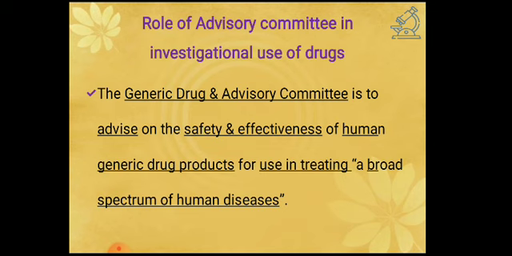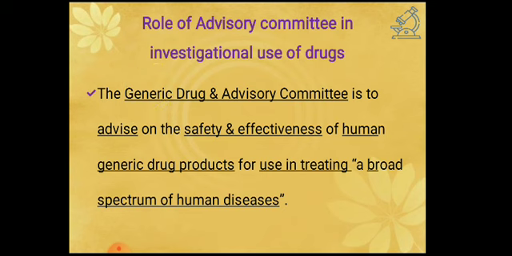The name of the committee is the Generic Drug Advisory Committee, which advises on the safety and effectiveness of human generic drug products used for treating different diseases. Okay, different diseases means, as mentioned, a broad spectrum of human diseases.